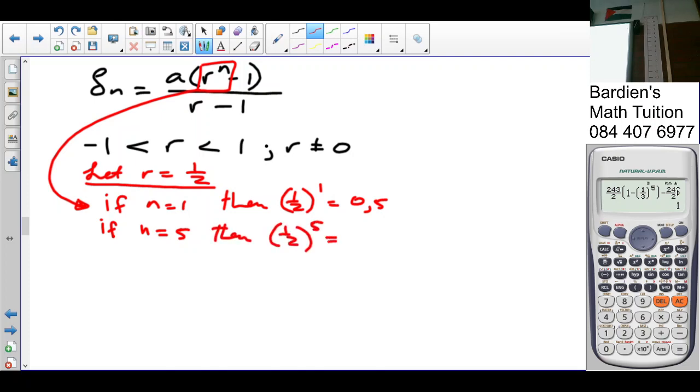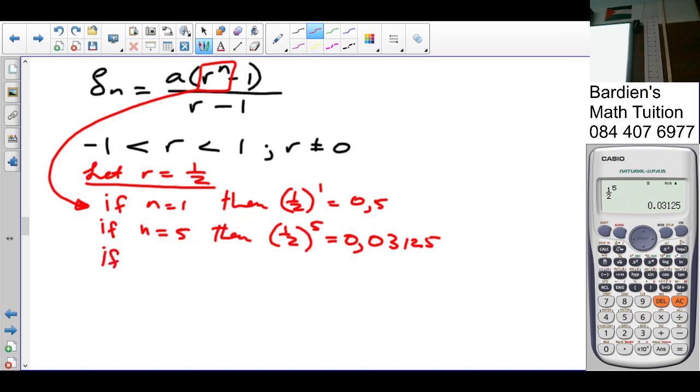Work that out. That will be 1 over 2 raised to the exponent 5. 0 comma 0 3125. 0 comma 0 3125.